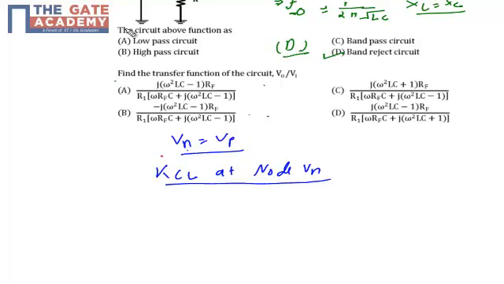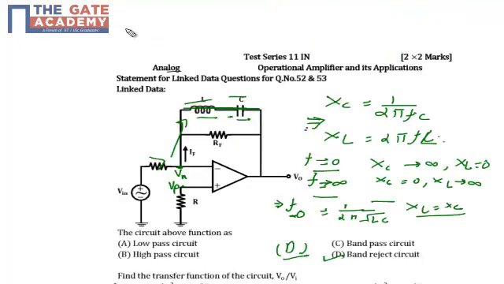So my expression will be Vin minus Vn by R. Let's name this resistor R.